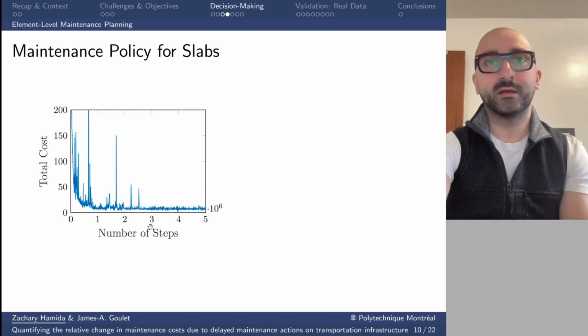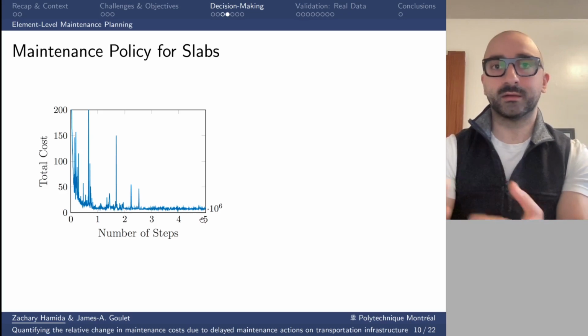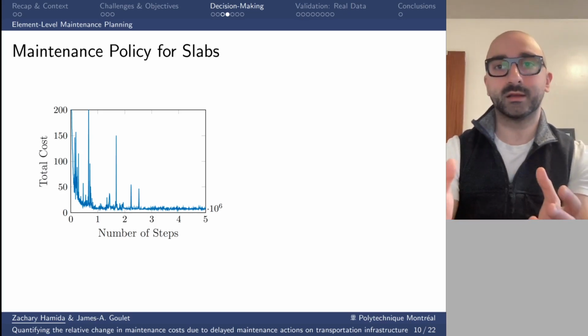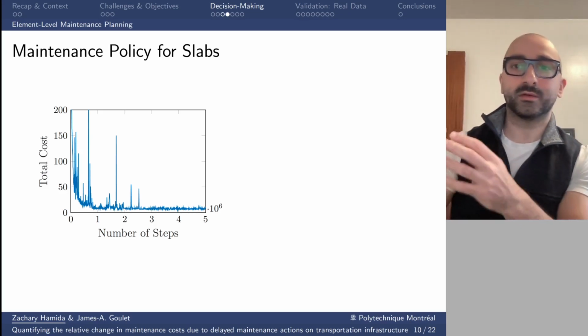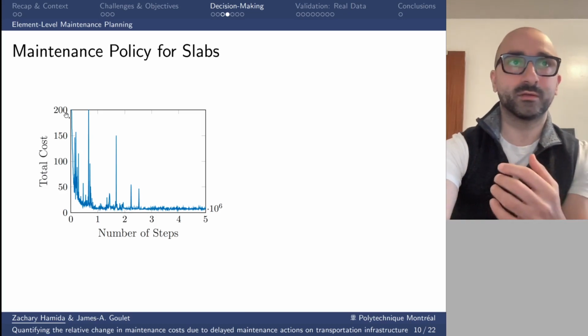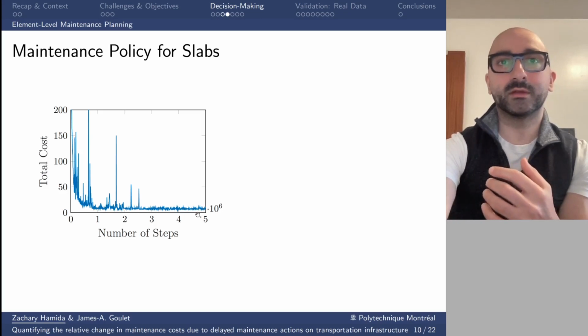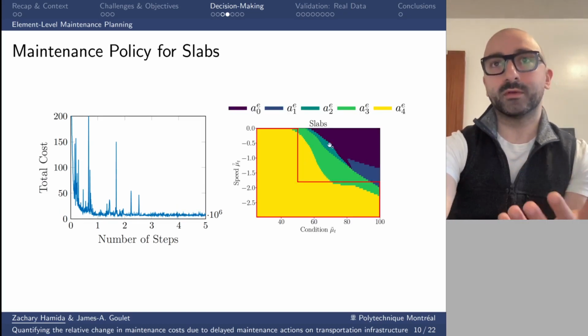This is the number of steps it takes an RL agent to learn how to optimally act on the structural element so that it minimizes the total costs. You see the total costs here are getting to a state that is stable at the end of the training. And this is what the policy would look like.